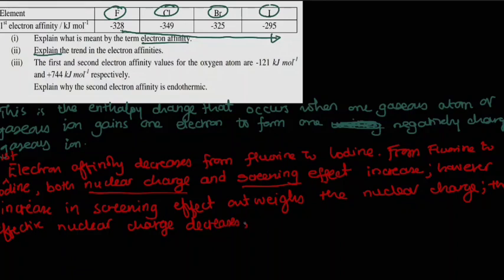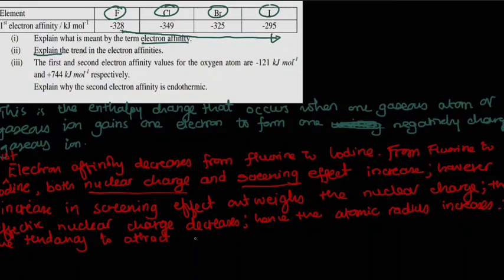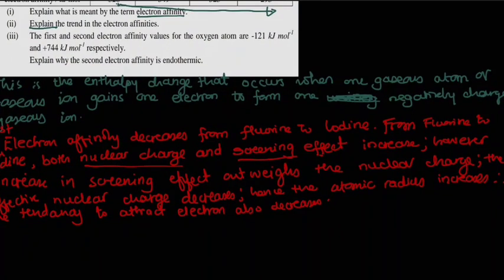And hence, the atomic radius will also increase, and therefore the tendency to attract electron also decreases, and that's why first electron affinity is decreasing, as we have seen from the question.